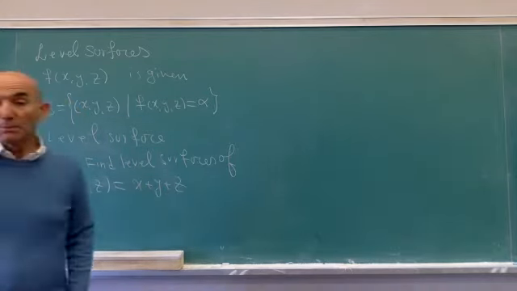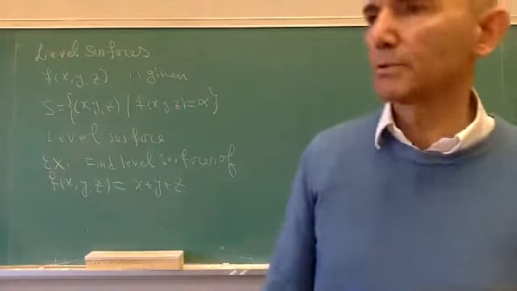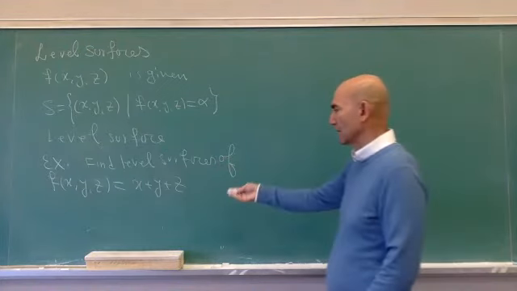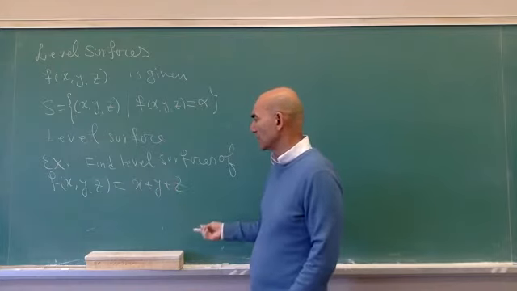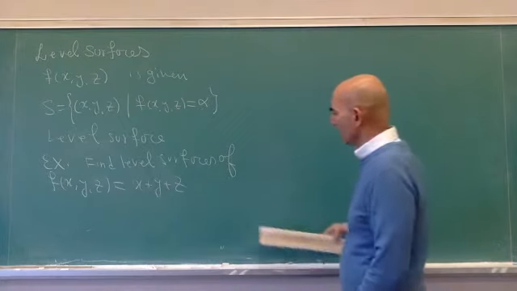That's a very simple case because the function is actually a linear function of three variables. This is the simplest case, more or less. I mean, you can have a constant like 1 or 2, which would be of degree 0, but that would be very trivial. So we want to draw the level surfaces of this.